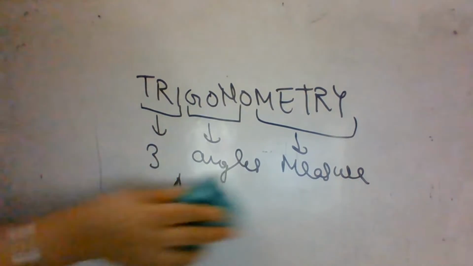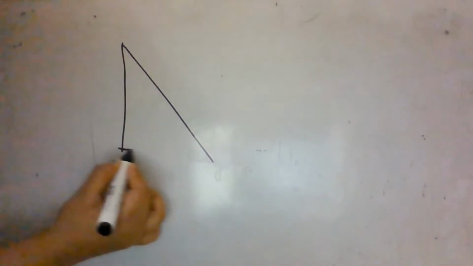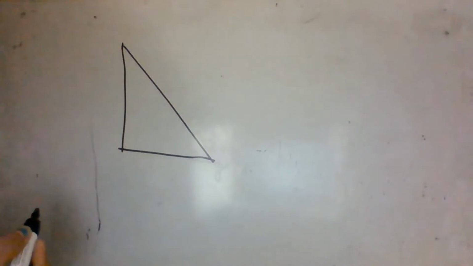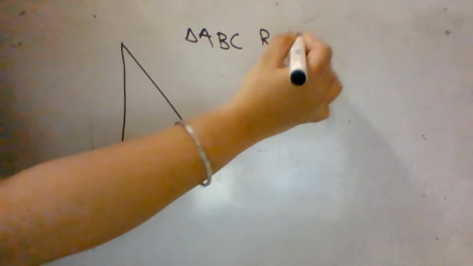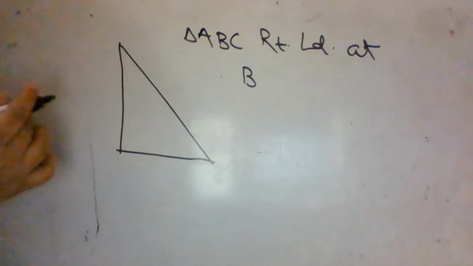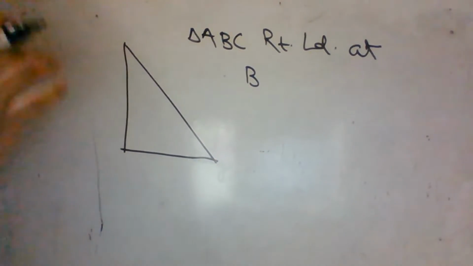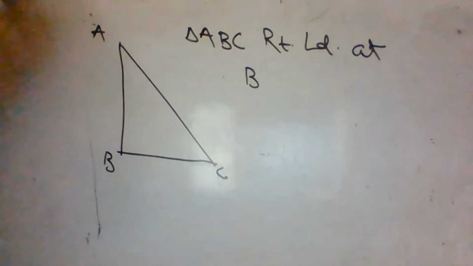So if we start with the basics, a right angle triangle basically is like this. If I say I have a triangle ABC right angled at B, then this triangle will be A, B, C. Right?